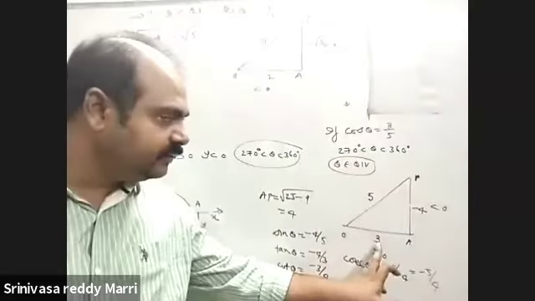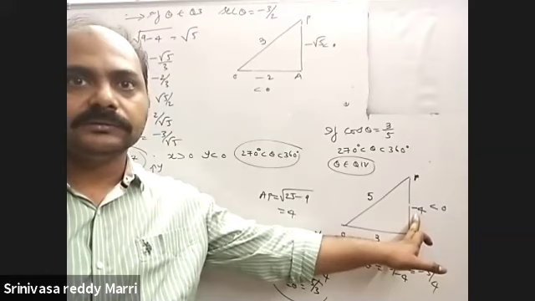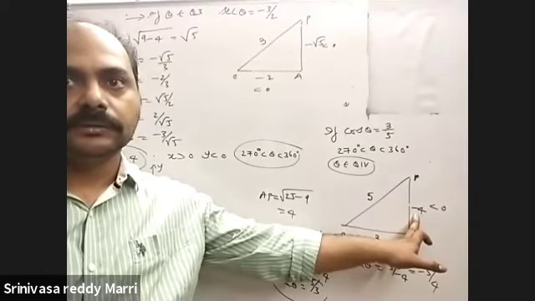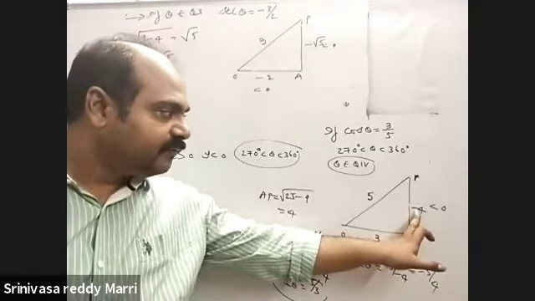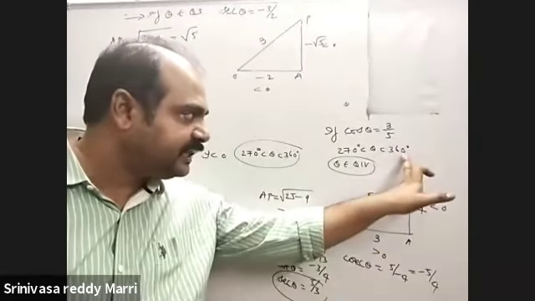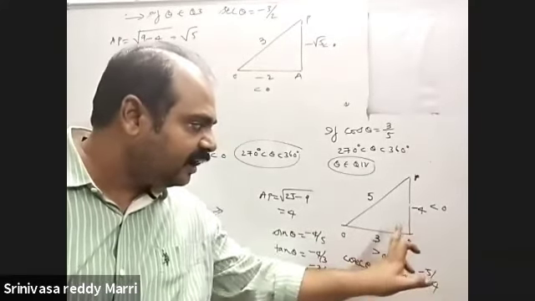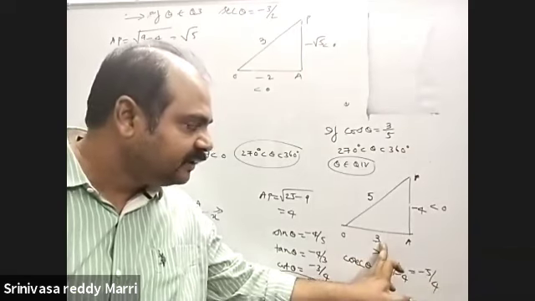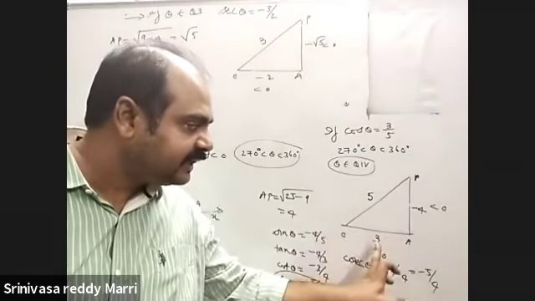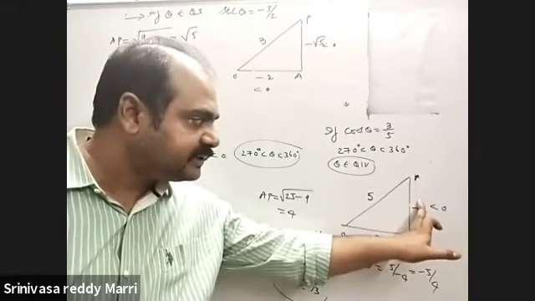Just a simple thing. You write the legs according to the quadrant. Just know in which quadrant theta lies and complete these legs. In the first quadrant, the horizontal leg X will be positive, vertical leg Y will be positive.